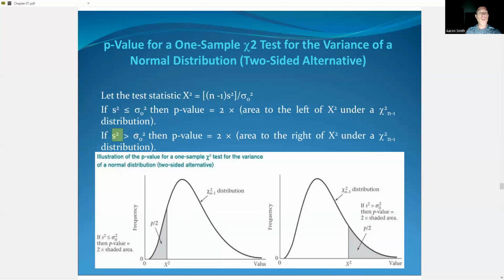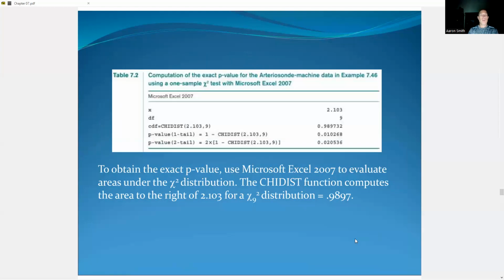If s squared is strictly greater than the hypothesized value, then I'm in this situation, I find this using chi-squared, and then I double the shaded region as the p-value. This is basically saying we just want to use a computer to compute this for us. Don't do it manually.